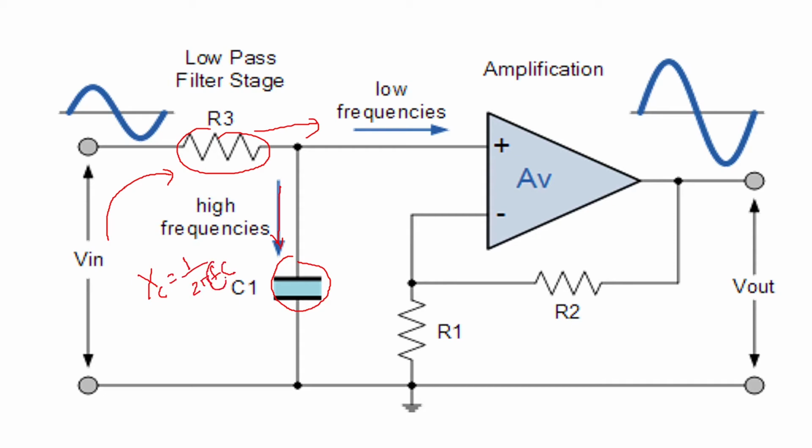So as F increases, the impedance decreases, so it will pass all the high frequencies. Only the low frequencies will pass through here, and that will be decided by R and C, that is, till what range the low frequency should pass.